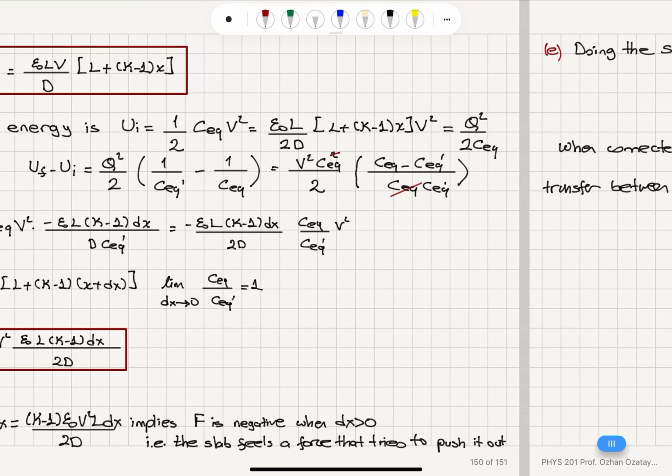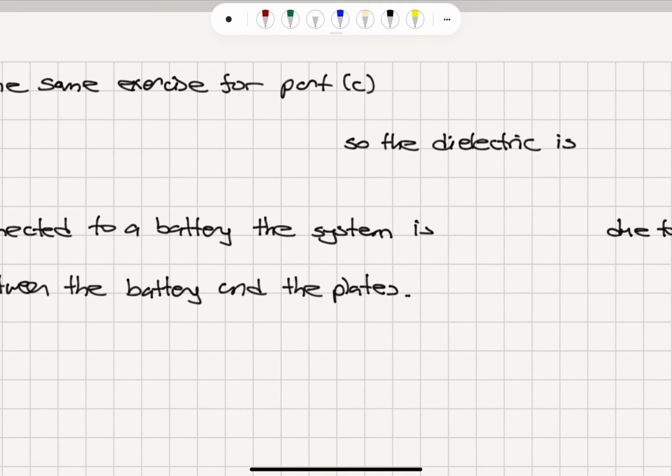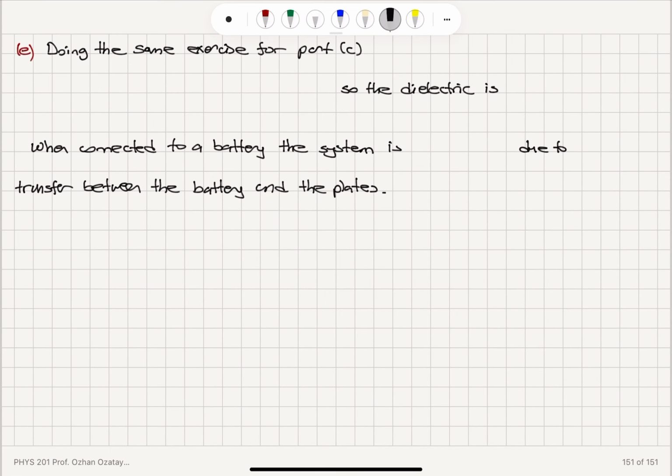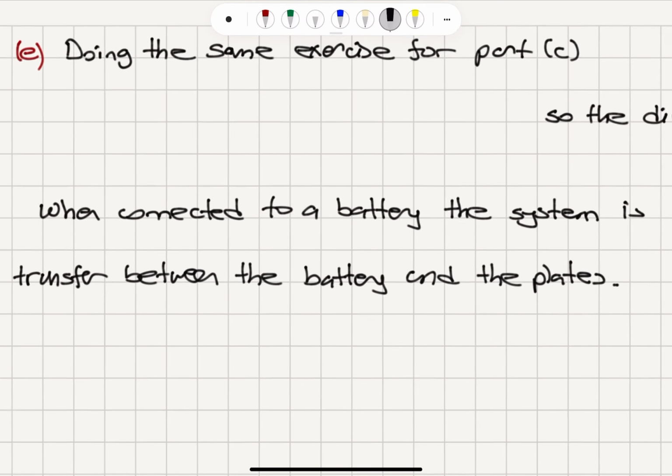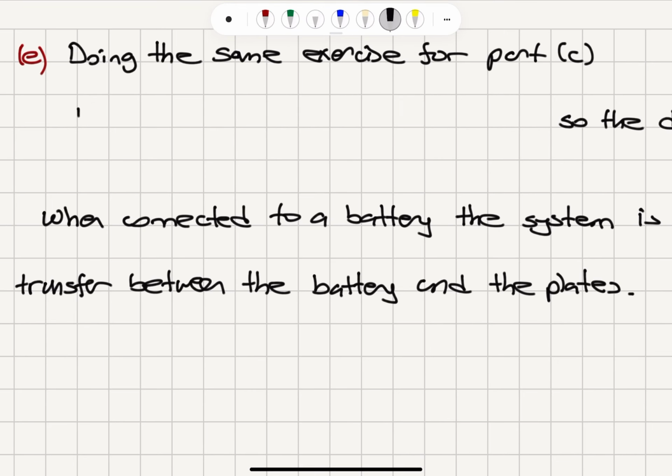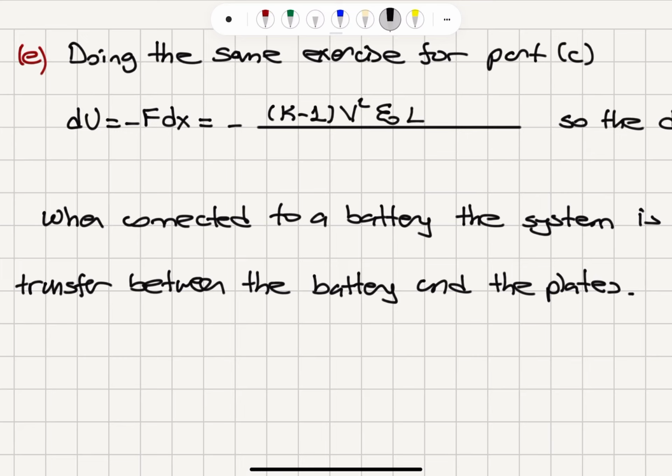So if I do the same exercise for part C, if I write dU is equal to minus F dx, that is minus (kappa minus 1) V squared epsilon 0 L dx divided by 2d.